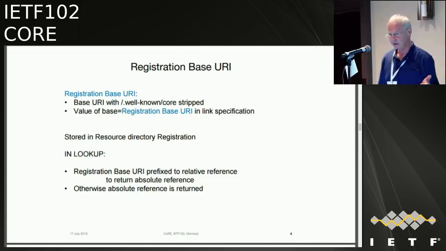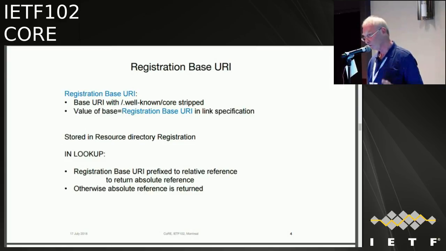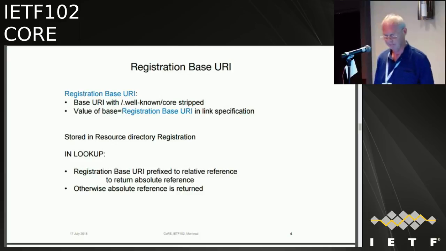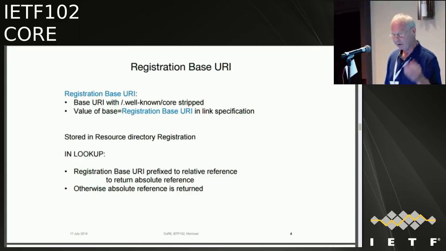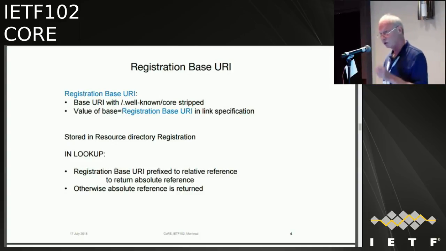Well, we have a registration base URI, and that is known, that's the base URI with the well-known core. I should not say stripped, but constructed, and that one is used to get the absolute URI, which you see with the lookup. And further, the base URI, when you do third-party registration, is the one which can be defined with the base parameter in the registration.